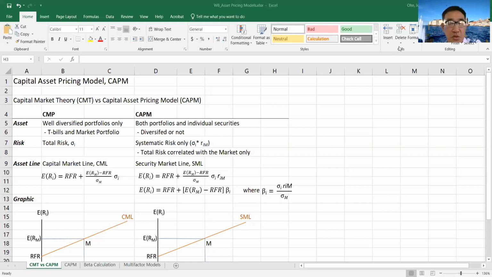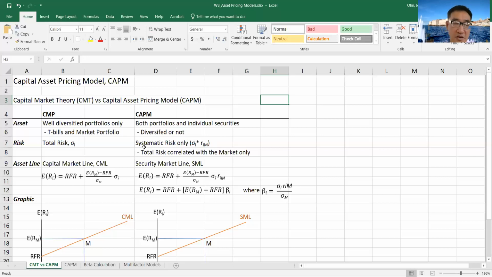Systematic risk is the portion of the total risk that is correlated with the market movement. So instead of the standard deviation alone, we include the standard deviation and the correlation coefficient. The portion of risk that is correlated with the market is the systematic risk, right?